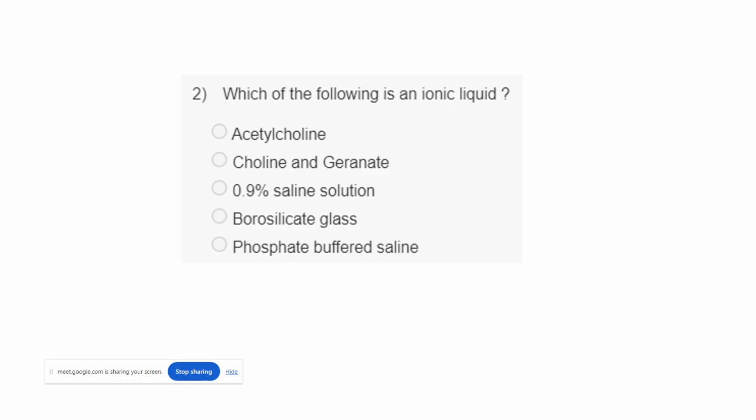Here is the next question. Which of the following is an ionic liquid? Option 2. Okay. Ma'am, option 2. Okay. Anybody else would like to answer?